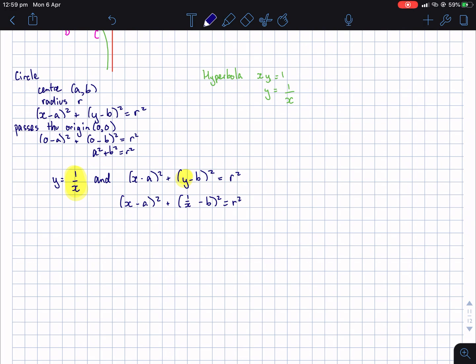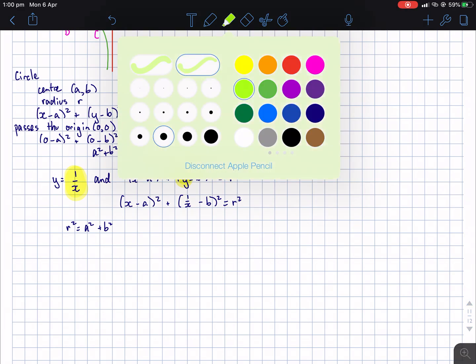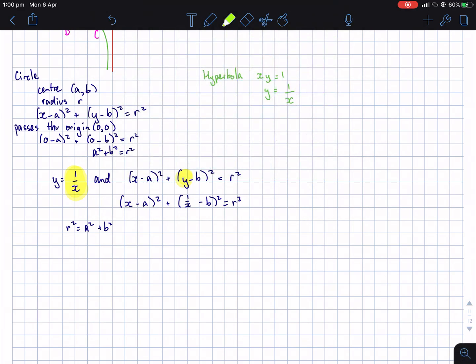And I also know R squared equals a squared plus b squared. So I'm going to substitute that in for R squared. So now I've got (x take a) squared plus (1 on x take b) squared equals a squared plus b squared.